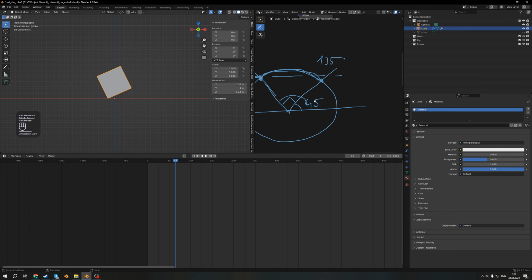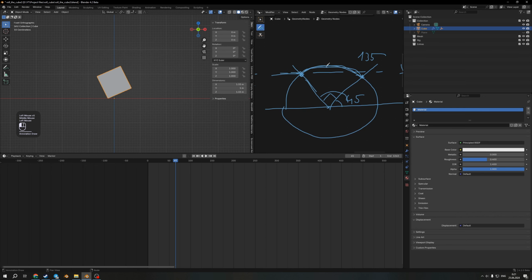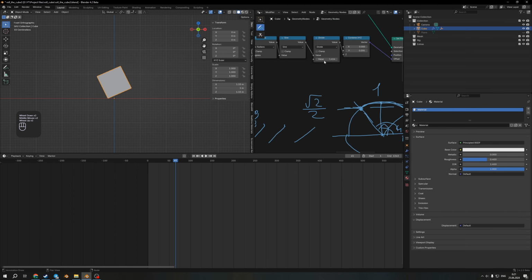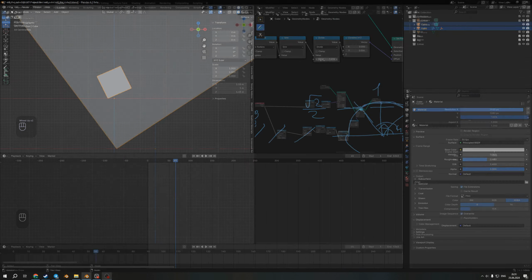And of this 45 degrees, it's also square root of 2 over 2. And at the highest point, this is a circle with radius of 1, so you guessed it, sine is just 1. And sine of 90 degrees is 1. After that, we just divide it by square root of 2.